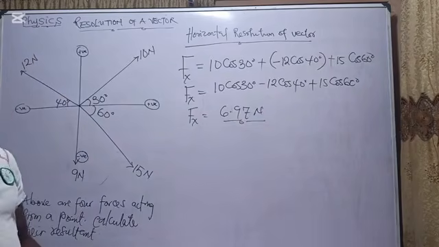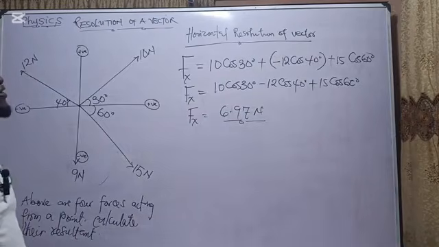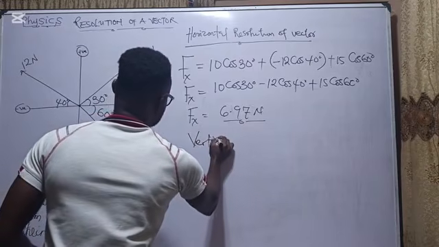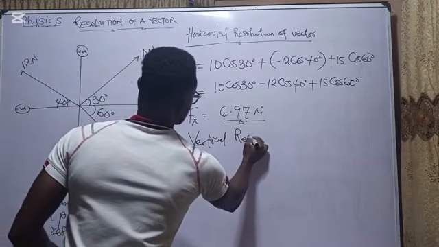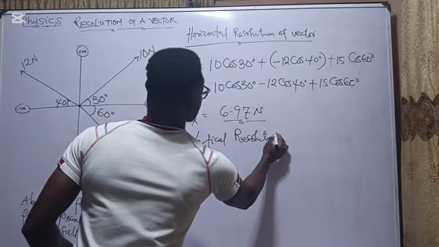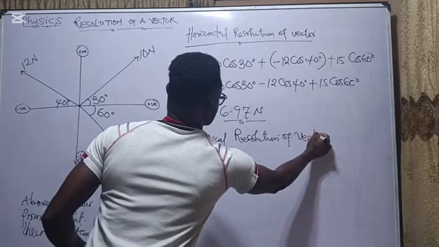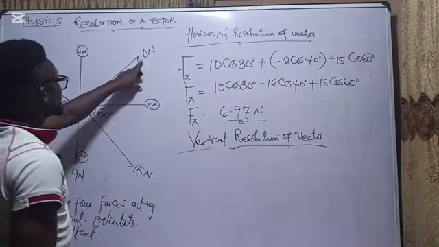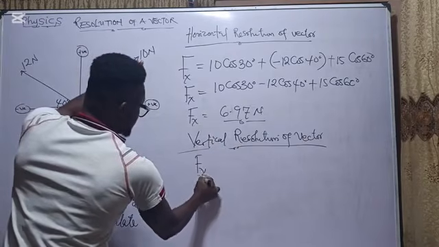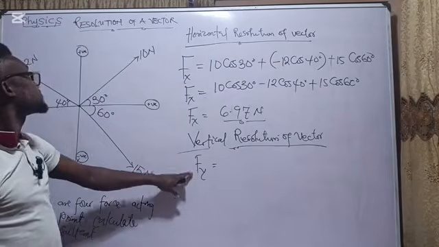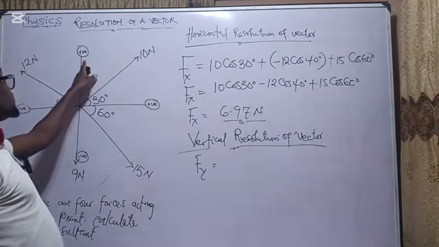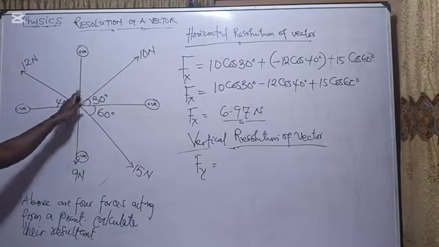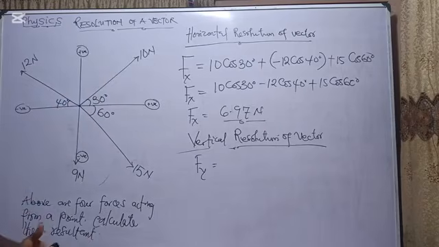Then, having done that for the horizontal component, we also resolve to the vertical. Now the vertical resolution of vector. We are going to resolve each and every vector here. Here is the vertical, Fy. So 10 Newton, you resolve it to the vertical. Now resolving 10 Newton to the vertical, there is no angle in between them, hence we use sine.